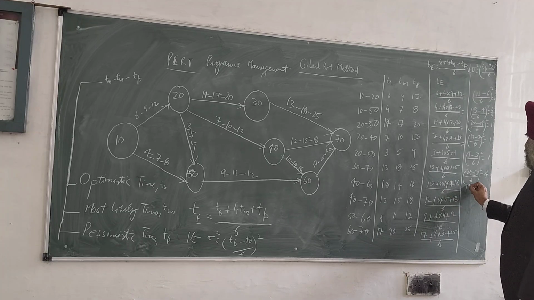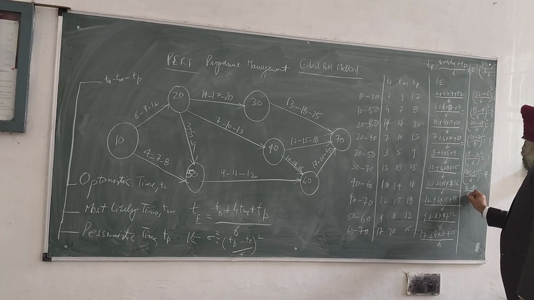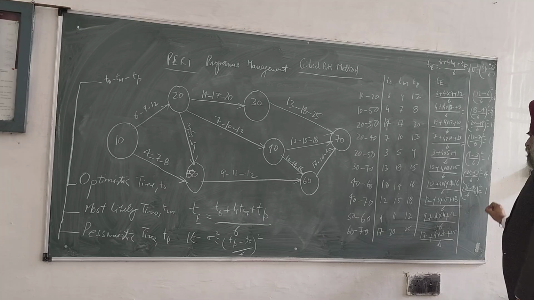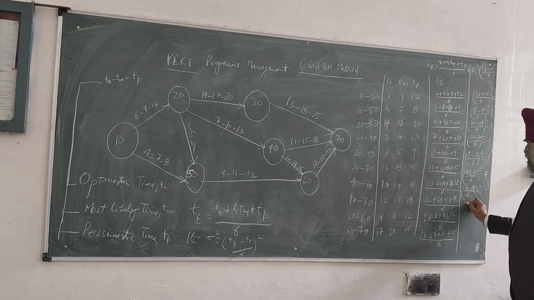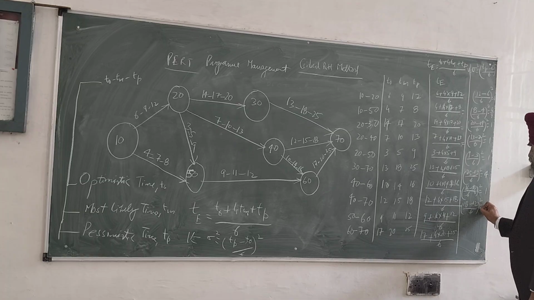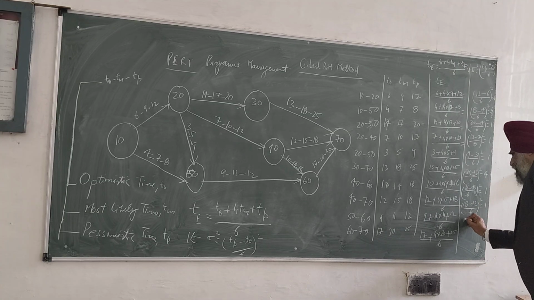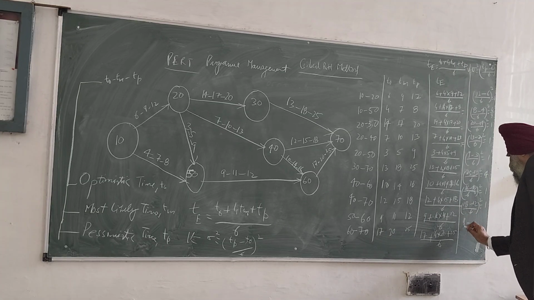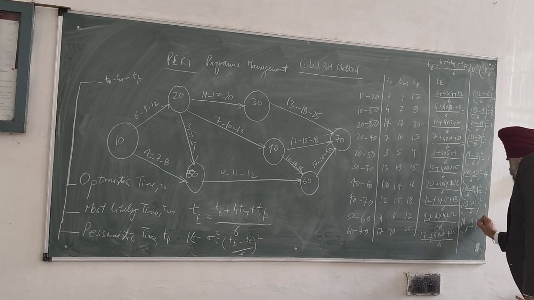Here it is (16 minus 10 over 6) whole square, which is 1. (18 minus 12 over 6) whole square, again 1.